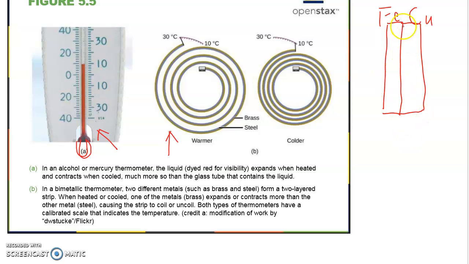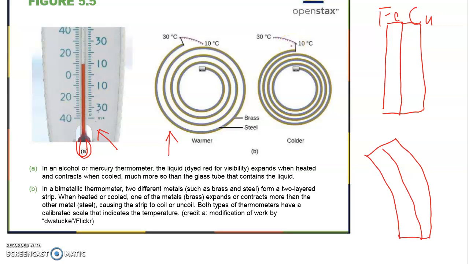Now it's at room temperature. If I heat this up, since copper will expand more than the iron, it's going to bend like this, because the right side will be longer than the left side. And if I have a long enough bimetal strip, then it can show a big significant difference over here.